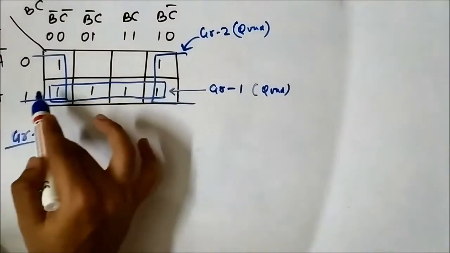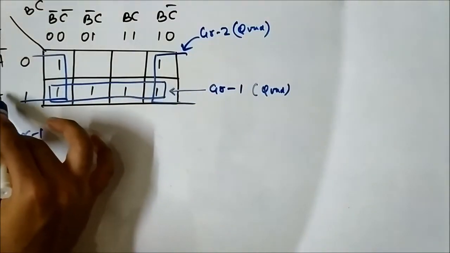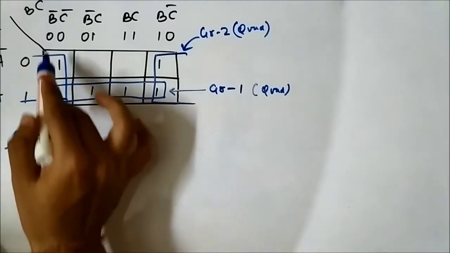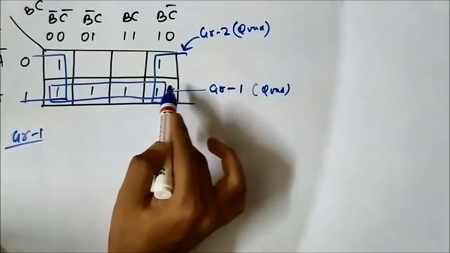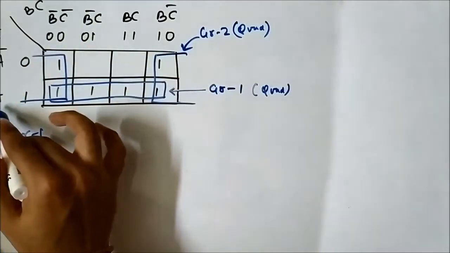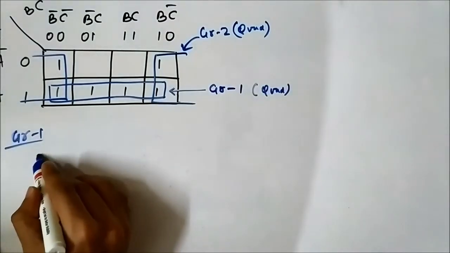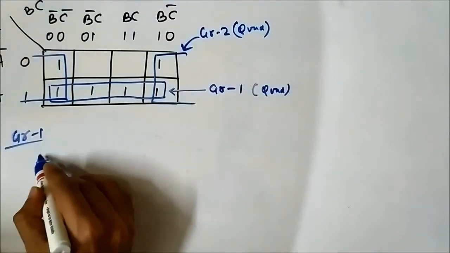In this quad, the horizontal component A is constant in each cell: A B bar C bar, A B bar C, A B C, A B C bar. So naturally A is of course common.